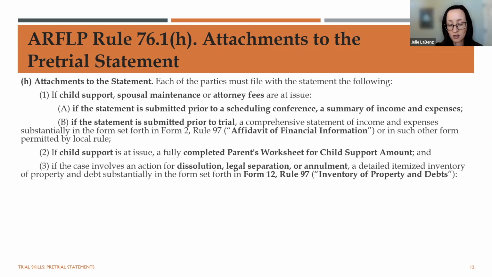If child support is at issue, you need to include a fully completed child support worksheet. If your case is for divorce, dissolution, legal separation, or annulment, you need to have the inventory of property and debts form.